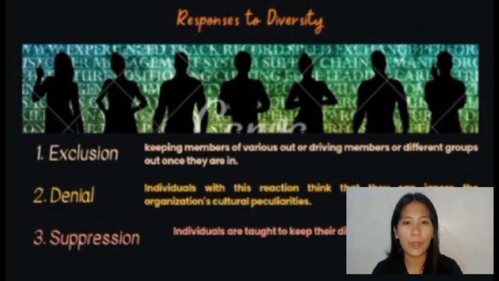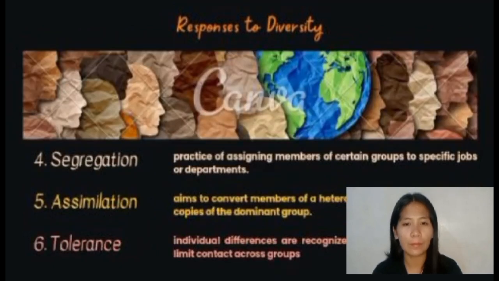Suppression refers to the conscious effort to control or inhibit thoughts, feelings, or impulses that are considered uncomfortable or inappropriate. Example, emotional suppression. Someone who feels anger toward a colleague may consciously suppress that anger in a meeting to avoid confrontation. They might choose to hold it in instead of expressing their frustration at the moment.